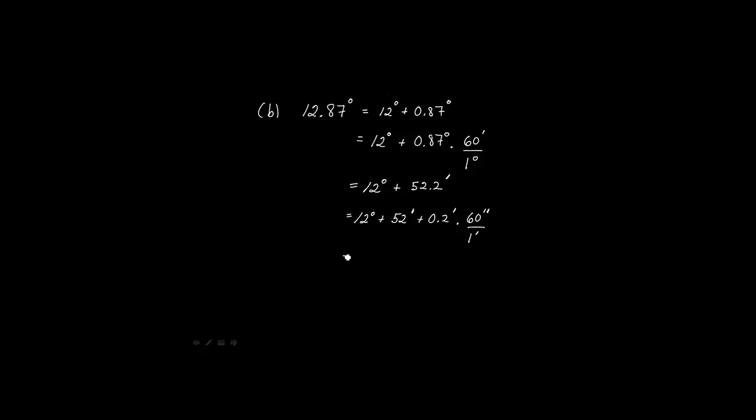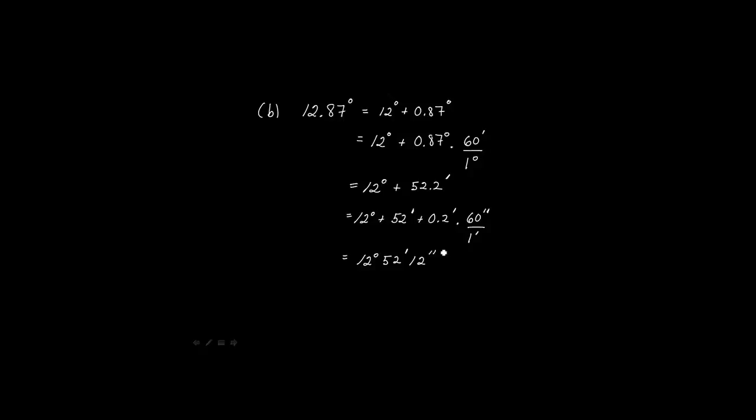So what's 0.2 times 60? 12. So I now have that 12.87 degrees is 12 degrees, 52 minutes, and 12 seconds.